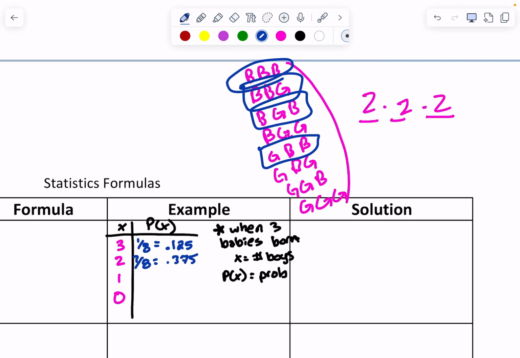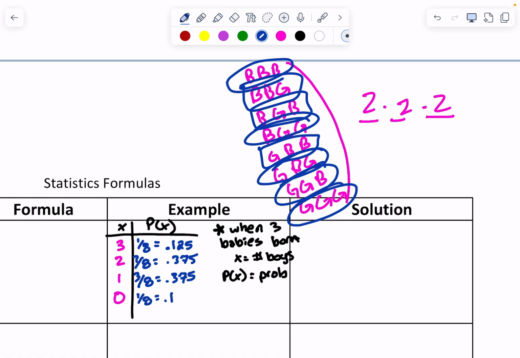One boy would be this one, this one, this one, so another 3 out of 8, 0.375. And girl, girl, girl would be the only last combination, which is 1/8, which is 0.125. That's my probability table for boys when I have 3 babies born.